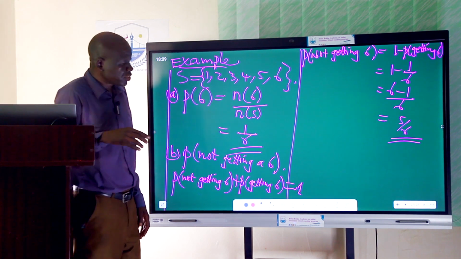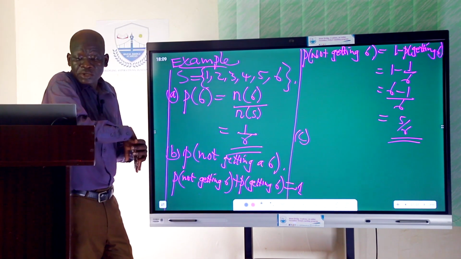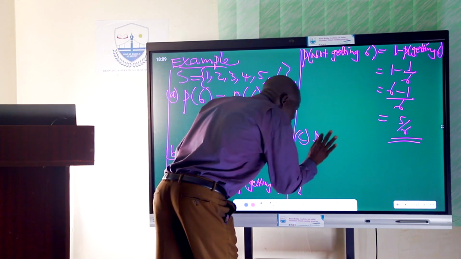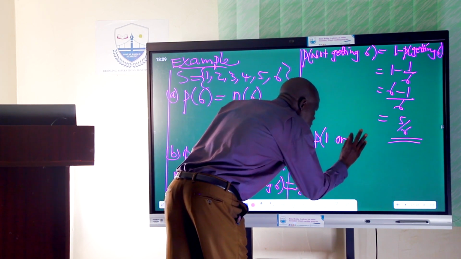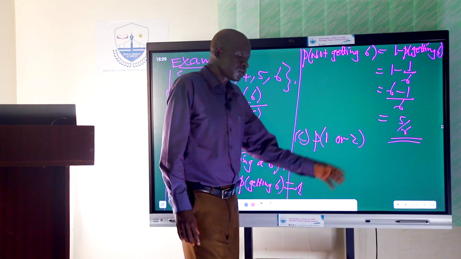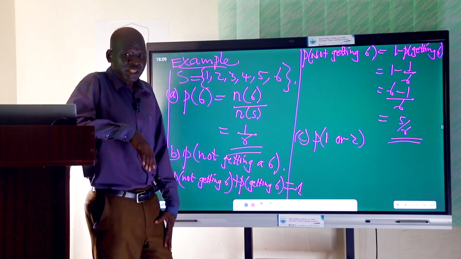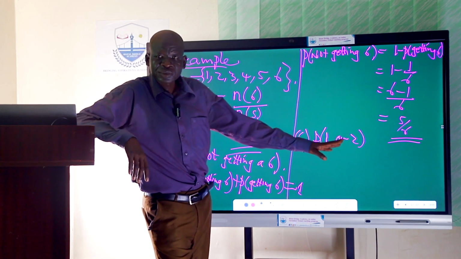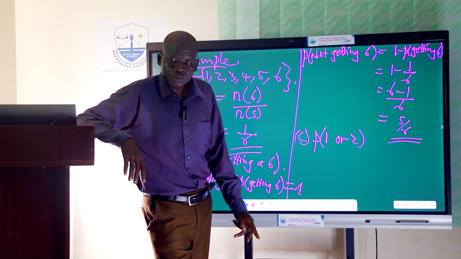Next is part C. They want us to find the probability of getting a 1 or 2. The word "or" means addition. So meaning that we need to get the probability of getting a 1, then we also get the probability of getting a 2.